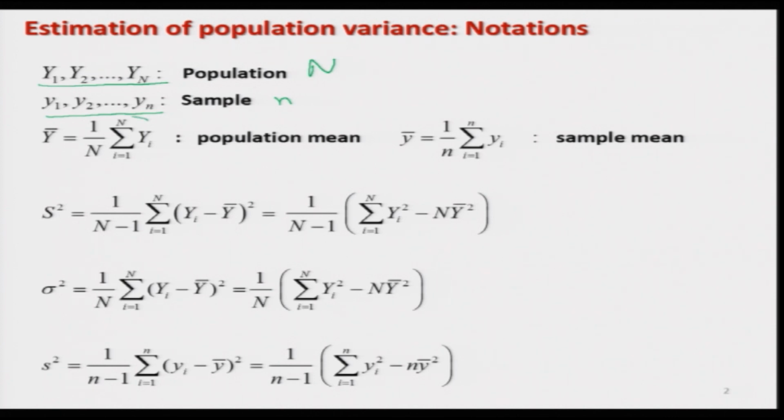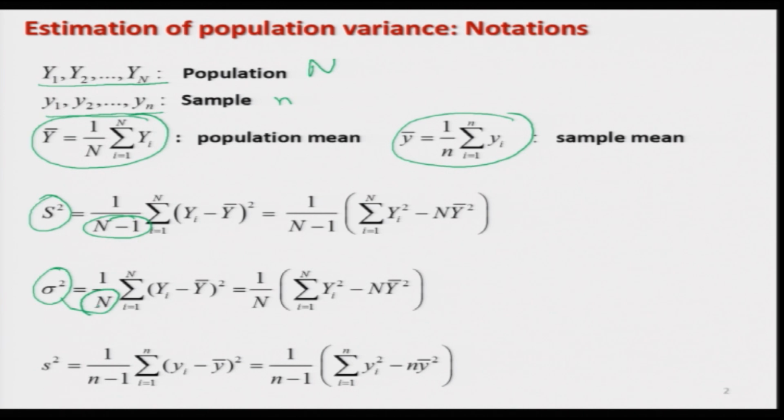Then capital Y bar is the population mean, and small y bar is the sample arithmetic mean. We also defined the quantities capital S square and sigma square: capital S square has a divisor capital N minus 1, and sigma square has a divisor capital N.